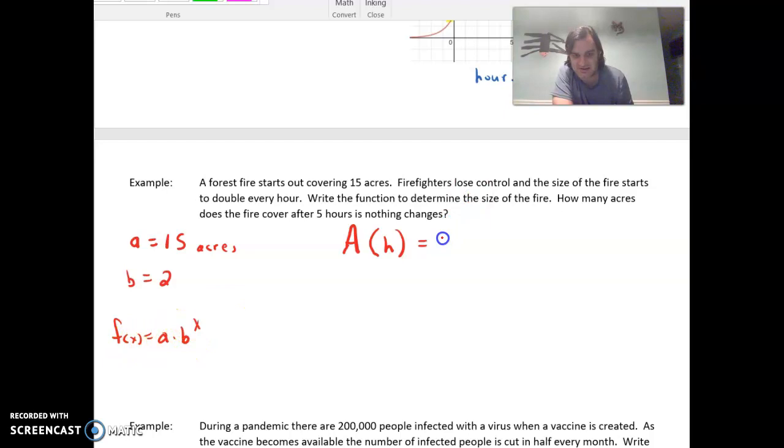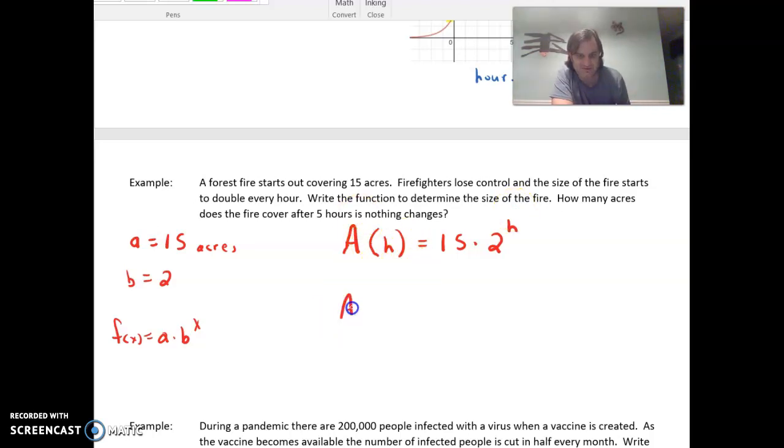So little a would be the starting amount. That'd be 15. And then the multiplier is 2 because it's doubling every hour. So 15 times 2 to the h. In that case, the starting amount a is 15, and the multiplier b is 2. So that's our exponential function.